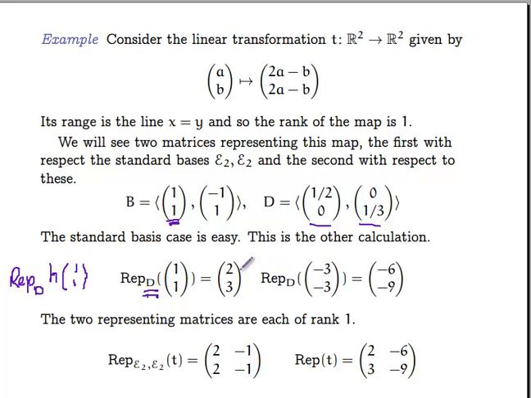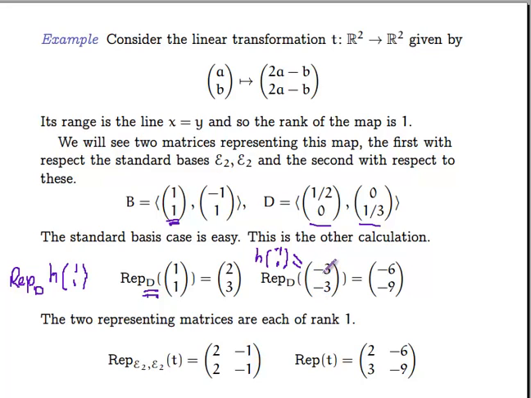On the other hand, the image of H of (-1, 1), what do we get for that? You're going to get 2 times -1, that's -3. It's going to be (-3, 3). So we need the representation with respect to the D basis of (-3, 3).